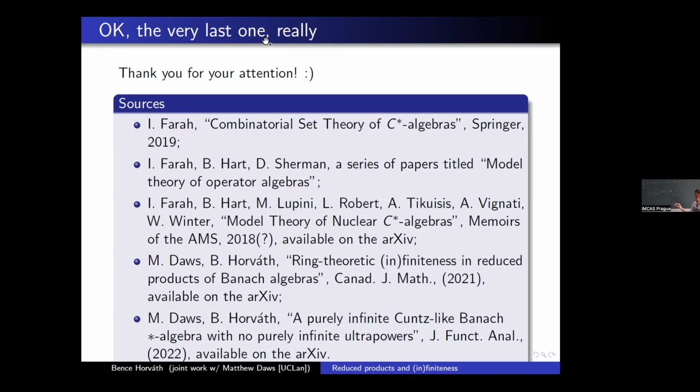This whole object is the Leavitt algebra, the L2 Leavitt algebra closed up in the L1 norm, the norm of absolutely convergent sequences. If you take this, it will be purely infinite and simple, and this is even a Banach star algebra, there's a very nice star operation. But if you take an ultrapower of this, it's not even simple, never mind purely infinite and simple.